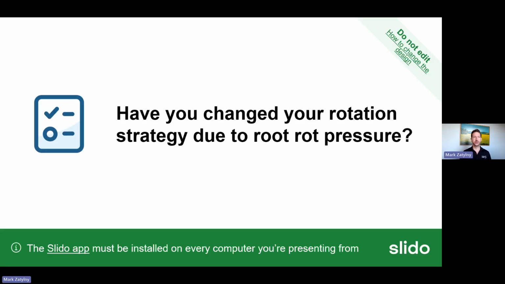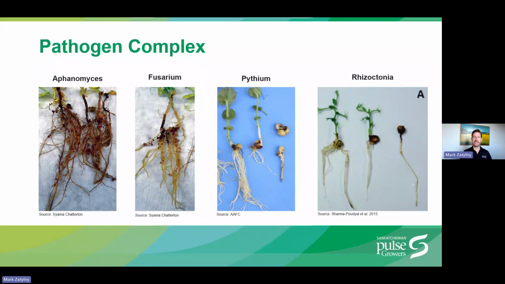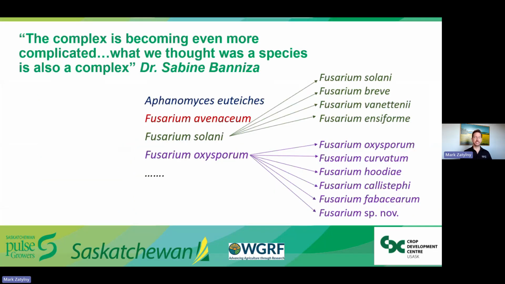So we'll get into the pathogen complex itself. In the next couple slides, you'll be hearing me say pathogen complex a lot, so that's just a preemptive warning. But in this complex, the four main pathogens we deal with are Aphanomyces, Fusarium, Pythium, and Rhizoctonia. Unfortunately, as we continue to do research into these pathogens, that complex becomes more complicated and is a complex itself.